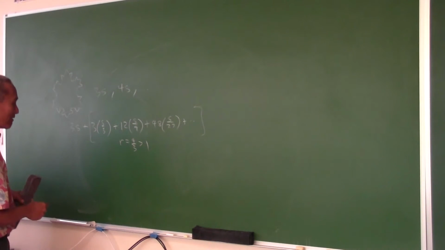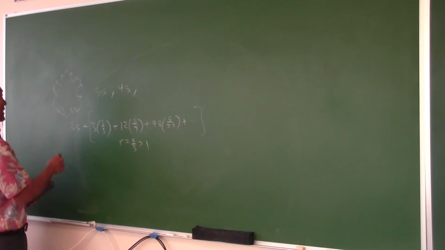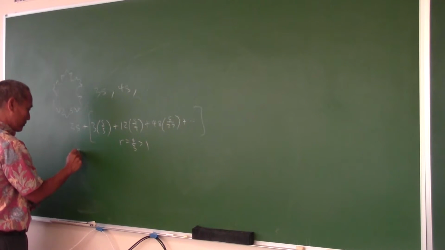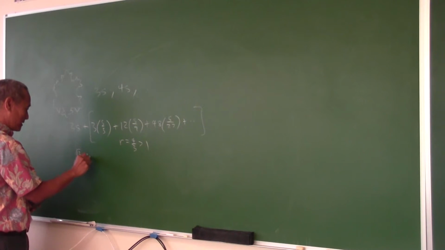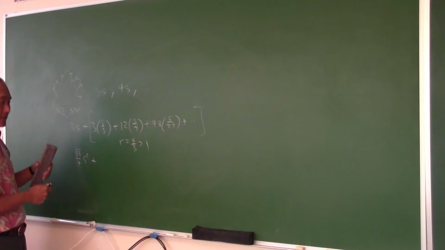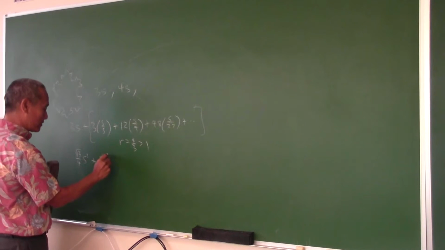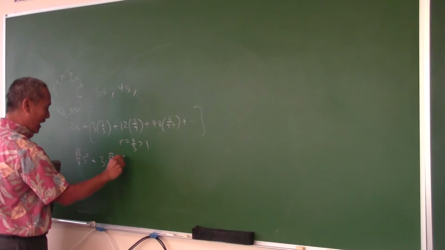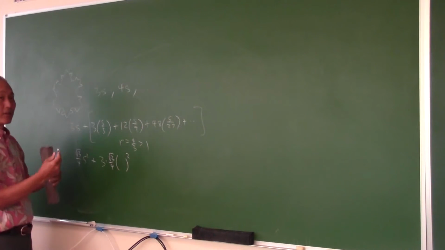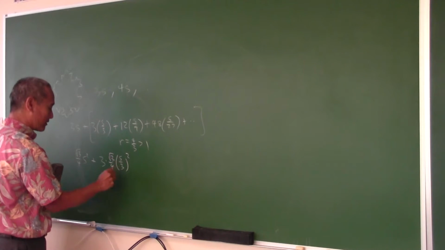Now let's discuss the area. So the area of the first equilateral triangle is √3/4 times the side squared. And then in the next iteration, you're adding 3 more equilateral triangles, √3/4, except the side is 1/3 of the previous one, so that would be S over 3.